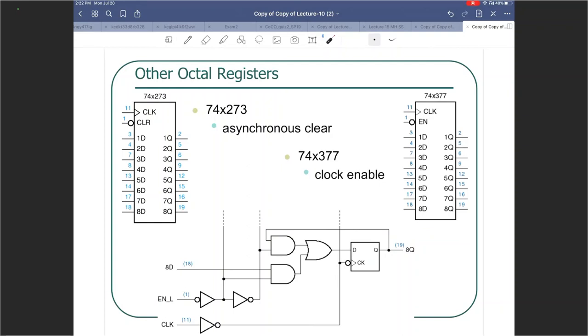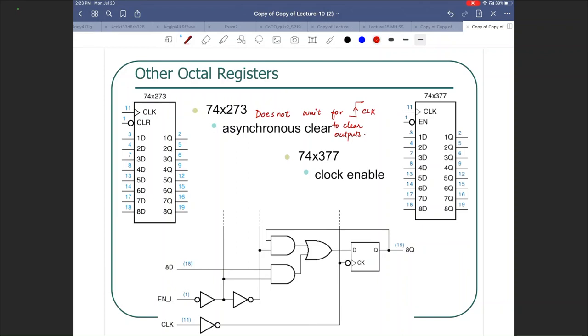So that's an asynchronous clear. It does not wait for the positive edge of the clock to clear outputs, right?